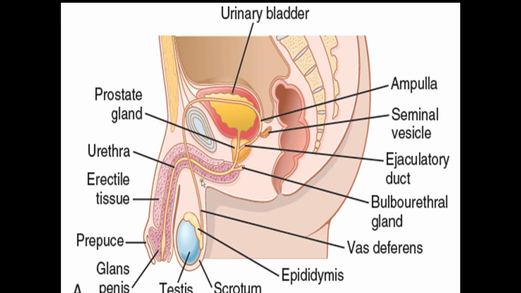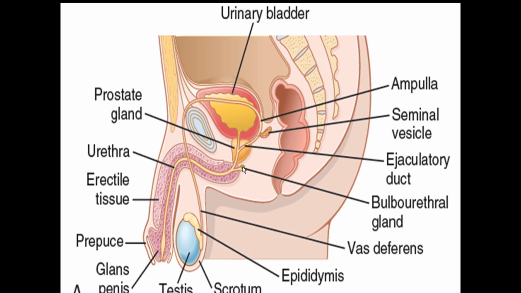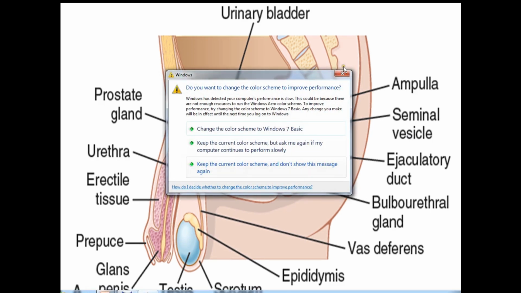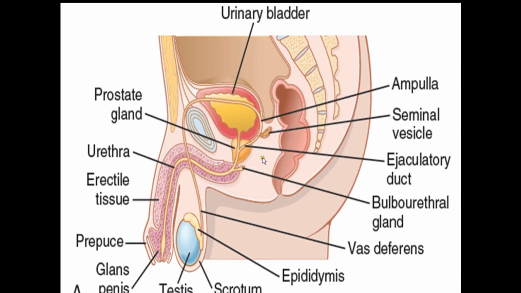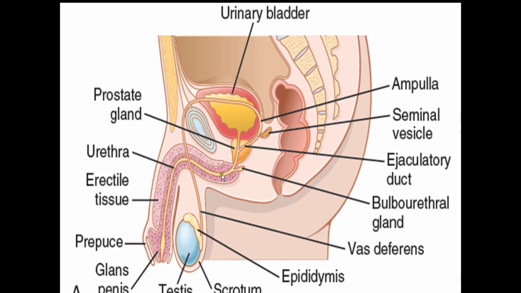When sperms are formed, they pass through the vas deferens and enter the ejaculatory duct, which opens into the posterior urethra. This is the bulbourethral gland, which secretes mucus. The inner lining of the external urethra is also lined by mucus-secreting cells.